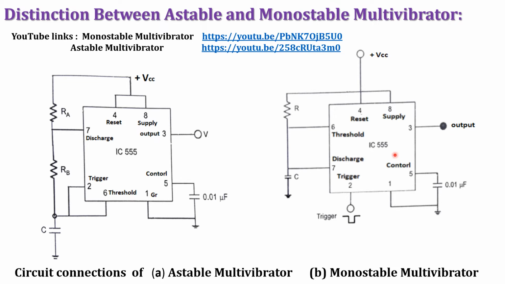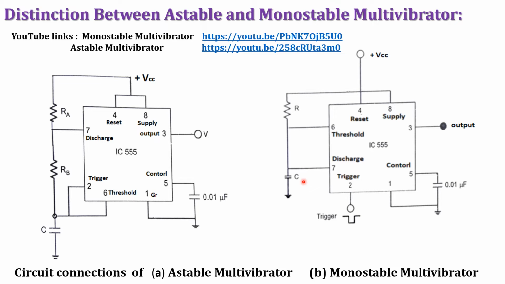For the monostable multivibrator, there is only one resistor which is connected between terminals 6 and 8, and the trigger pulse input is given at terminal 2.